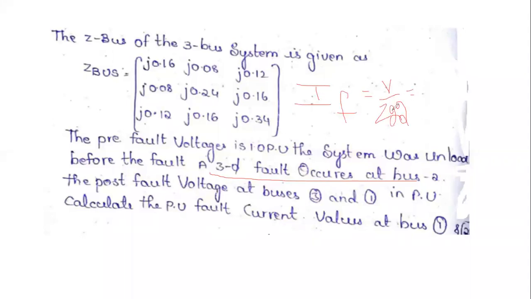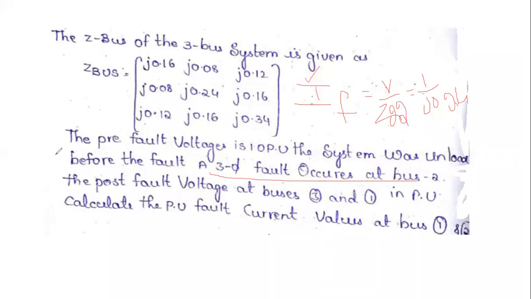That is the main reason for considering Z22. Therefore V is equal to 1 and the Z22 value is j0.24. This is the fault current.